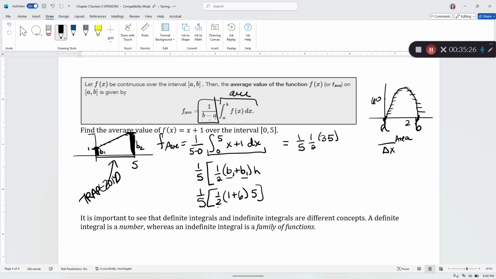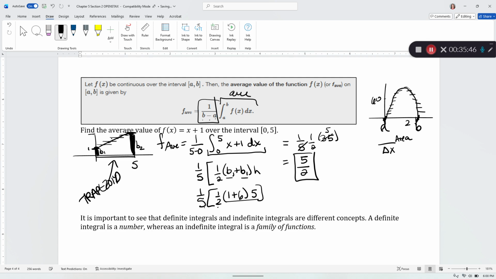Right? 1/5, 1/2, 7 times 5. All right. Simplify that, we get 5/2 for total. For average value. So that's the average value here, is 2.5.